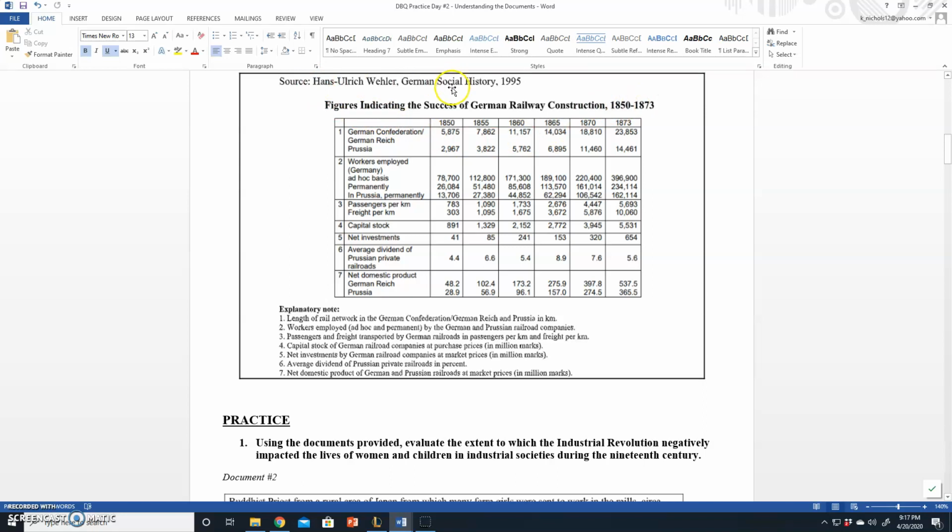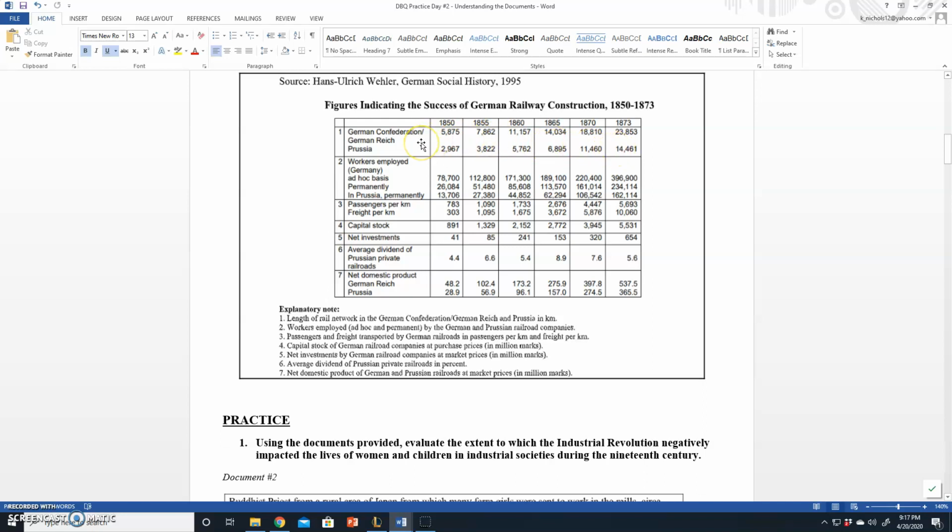Here's the source. The source, if you're going to put something down, it's a later source. It's not a primary source. This one, it's after the fact. Right away, what do you see? Well, you see the German railway construction is increasing.